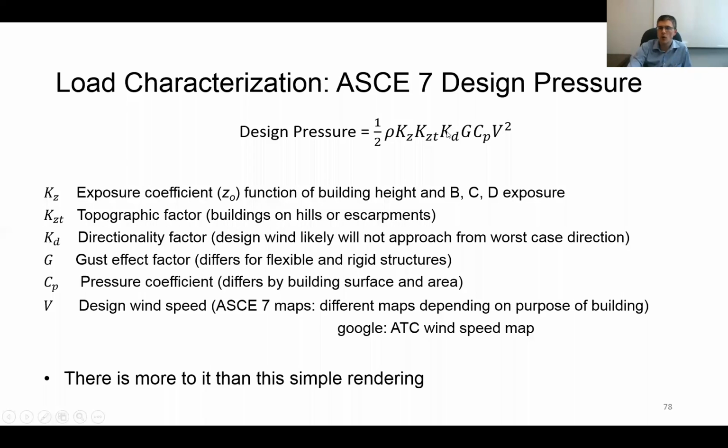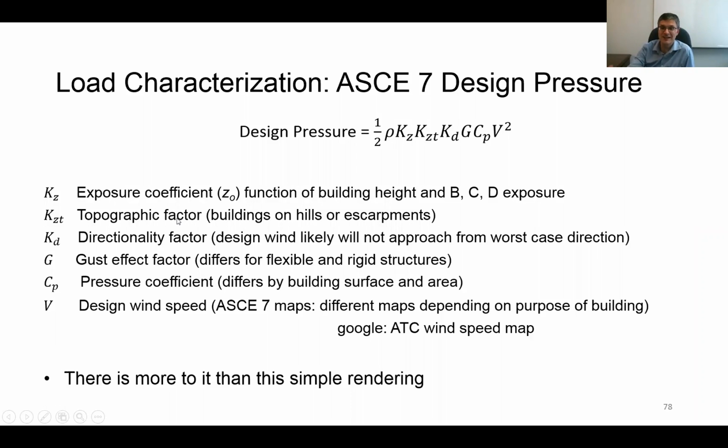Then you've got 4 more coefficients in here that are modifiers for various things. So the KZ is a coefficient modifier. KZ contains the information about Z naught. If you're in exposure D or C or B, if you're in marine or open or suburban exposure, that's going to be a modifier that changes your design pressure depending on the surroundings of your building. There's also a factor for topography.